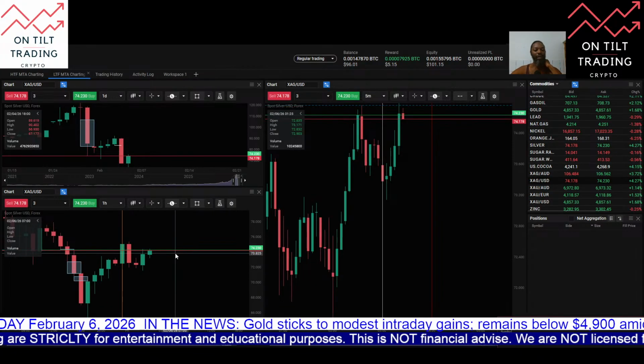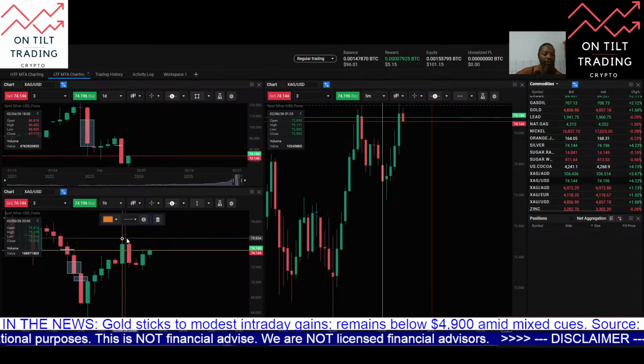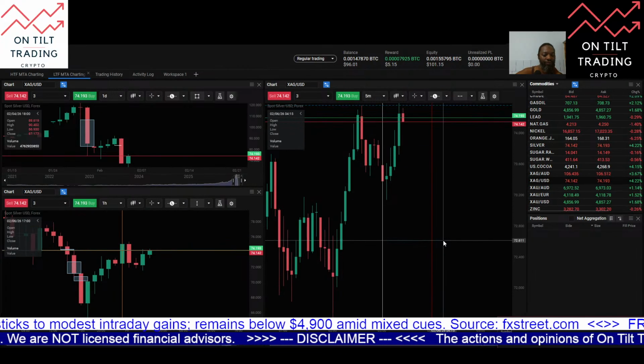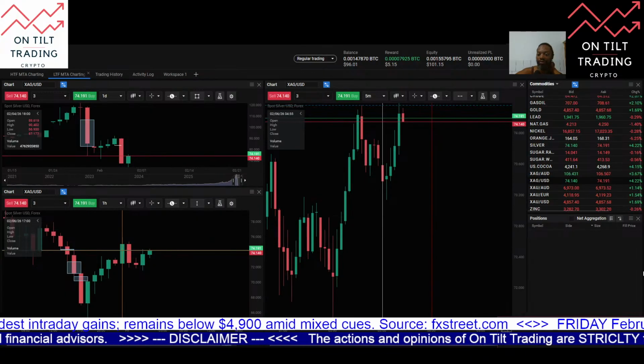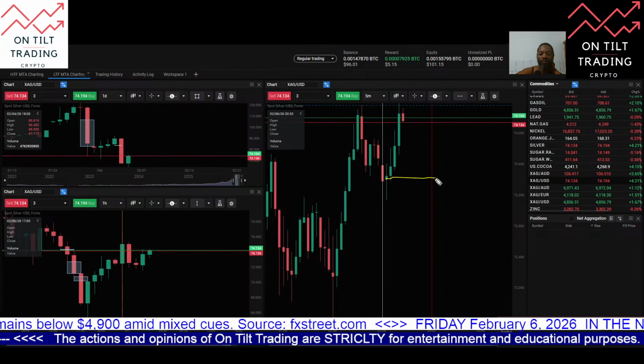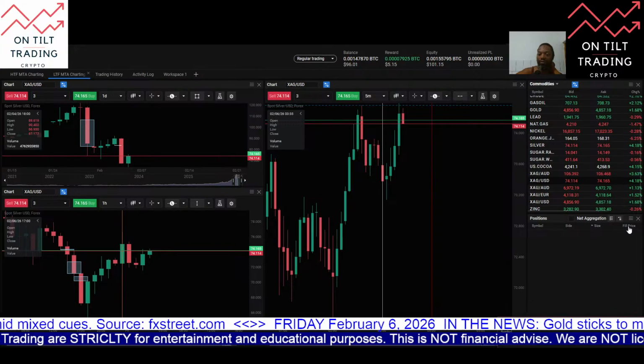That's the fair value gap, which is where price is currently trading. So if price were to return to this level, I would take a short position here.